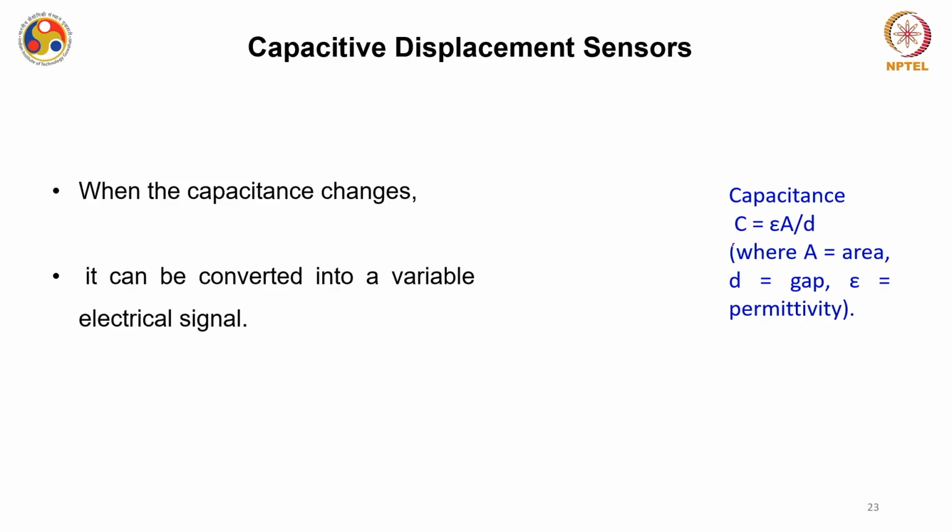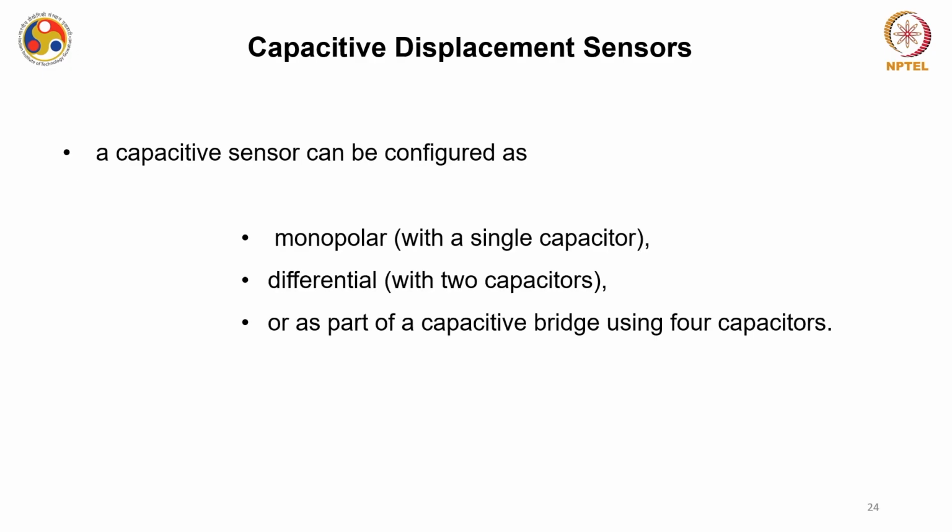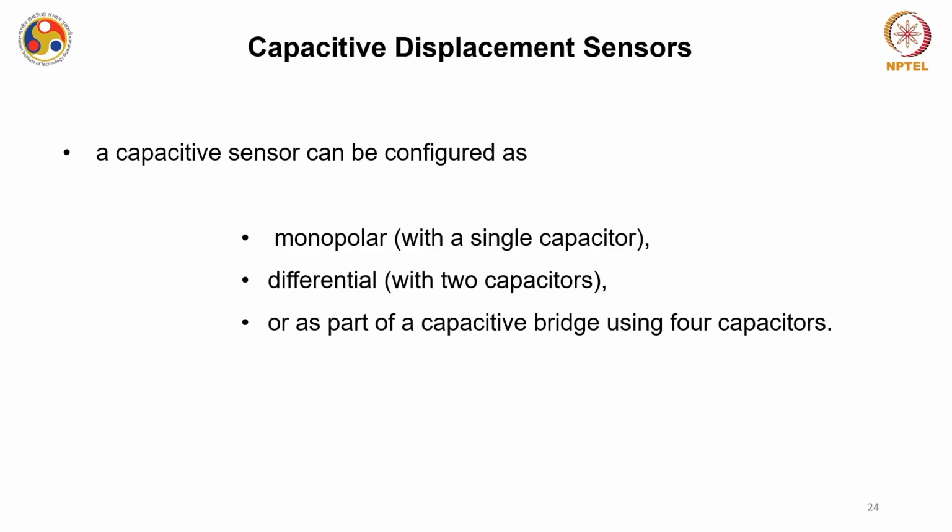When the capacitance C changes, it can simply be converted into a variable, so these sensors can be configured by various means. It can be configured as monopolar, where you have only a single capacitor. You have a differential arrangement, where two capacitors are involved, or it can be configured in a bridge circuit, a capacitive bridge, where you have multiple capacitors, like 4 different capacitors, where 1 or 2 capacitors are changing.